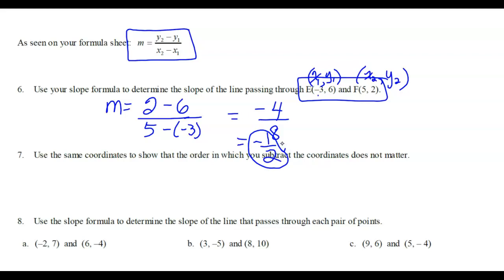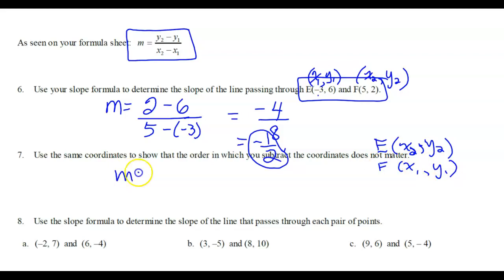And then in 7, it says, use the same coordinates to show that the order that you subtract them does not matter. So now I'm going to say my E is x2, y2, and my F is x1, y1.